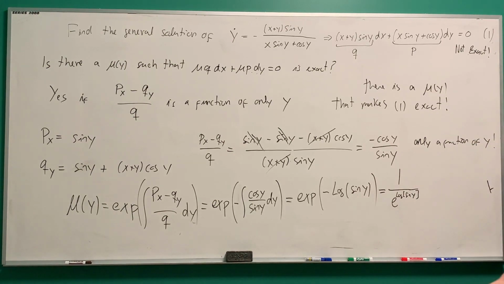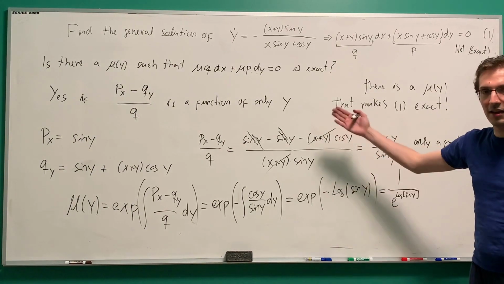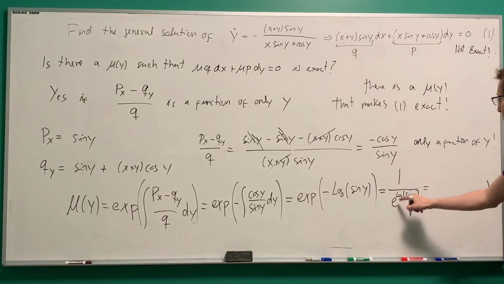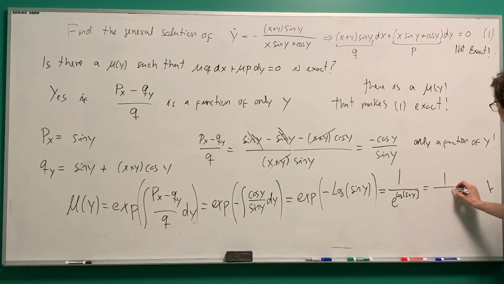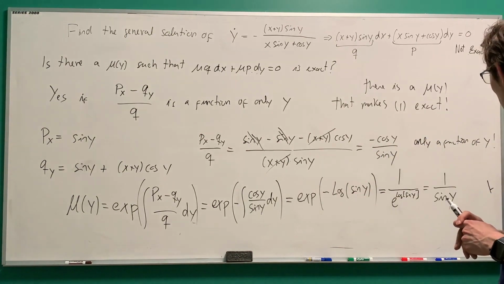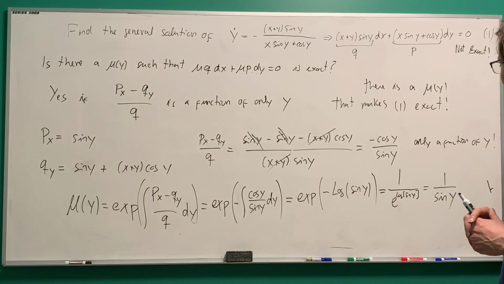The exponent is negative, so I put it in the denominator, and the exponential cancels the log, and the integrating factor I find is the sine of y. Wonderful. So I found an integrating factor that is a function of y in its explicit form.